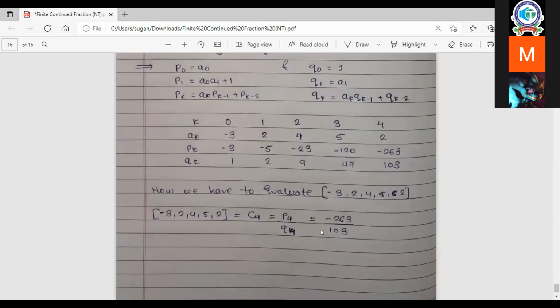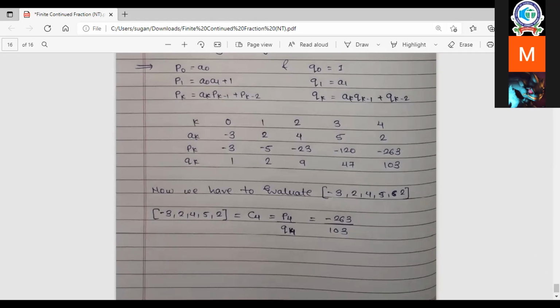The convergent Ck equals Pk by Qk. Since we have C4, we find P4 upon Q4, where P4 is minus 263 and Q4 is 103. So the convergent is minus 263 upon 103.